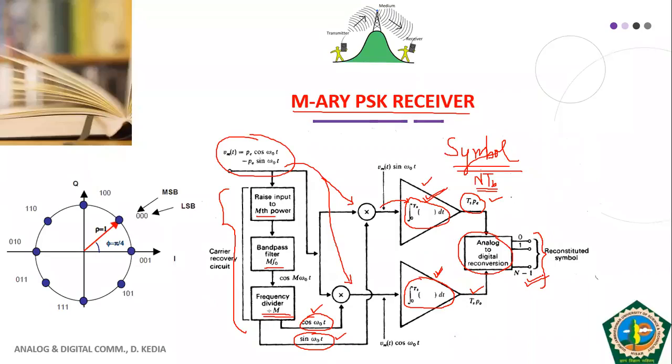By generalizing that quadrature PSK concept, you can easily expect that your output will be obtained by following the schematic shown in this M-ary PSK receiver. So I think you have been able to understand clearly the concept of the M-ary PSK receiver and the constellation diagram of M-ary PSK.